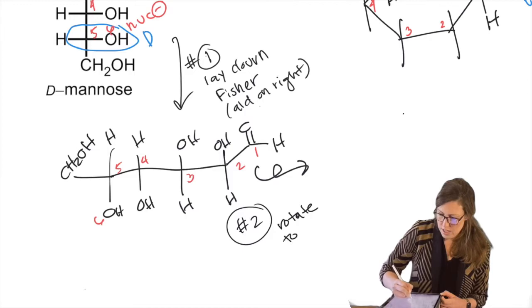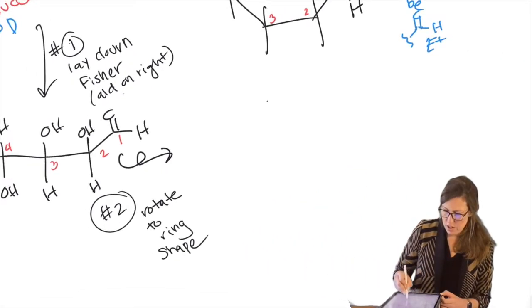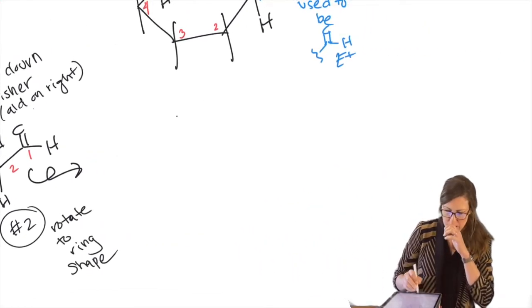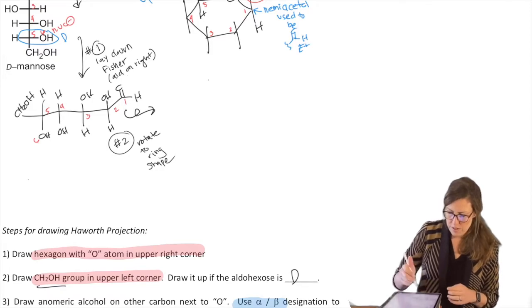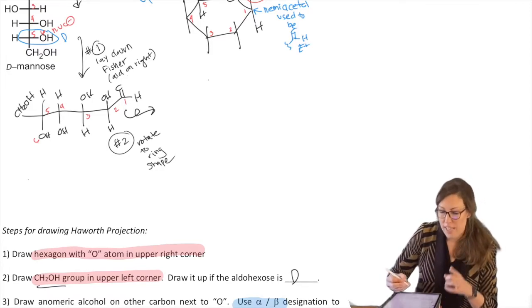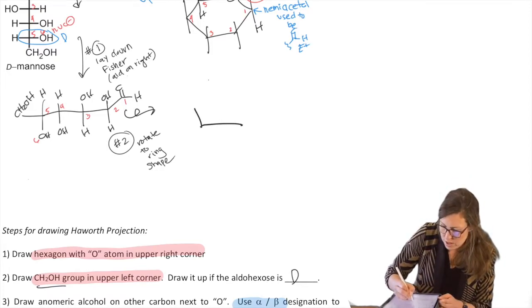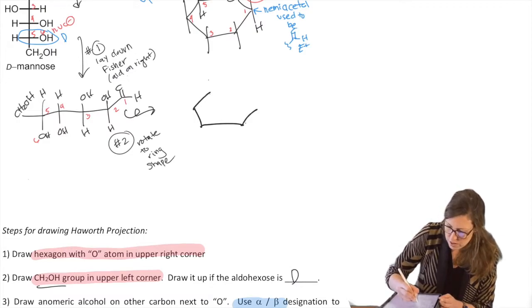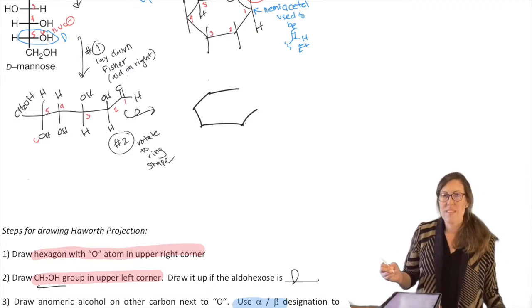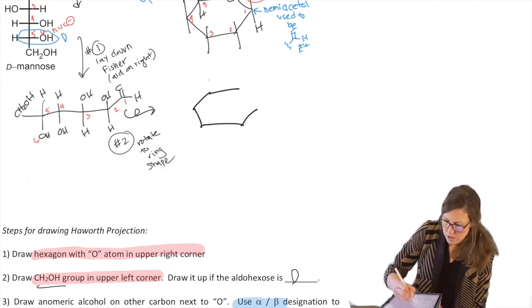Rotate to ring shape. So we're going to line it up so it starts to look more like a ring. In other words, it's not going to be closed yet because we have to work out how it closes. But we could do this much. So it's not closed yet. So there's my aldehyde carbon.